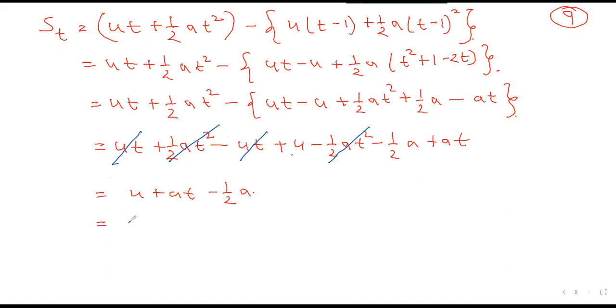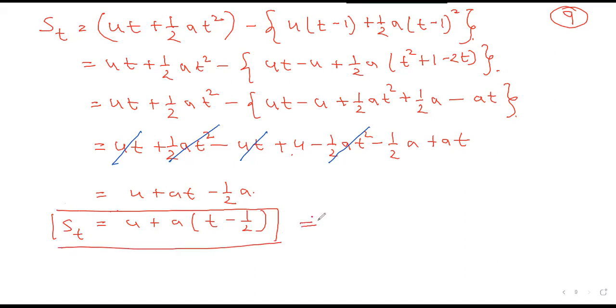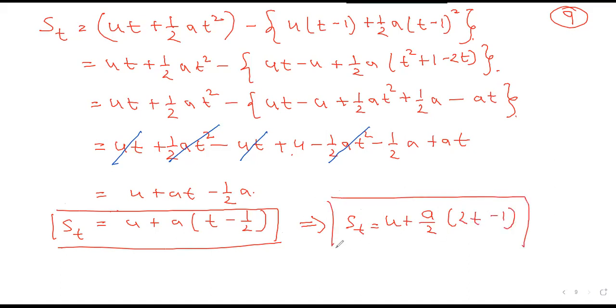My dear, take a common, t minus 1 upon 2. This is st. इसमें अगर मैं 2 LCM ले लूं तो my dear, this is s equal to u plus 1 upon 2a and 2t minus 1. Got it? Anyone?